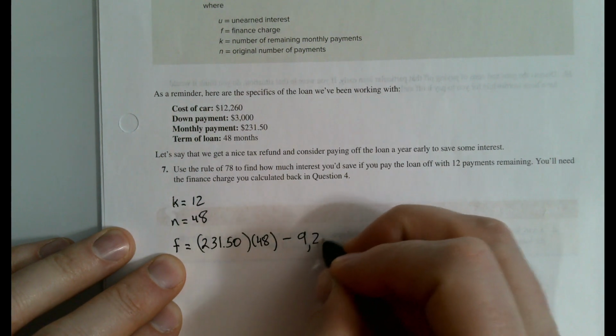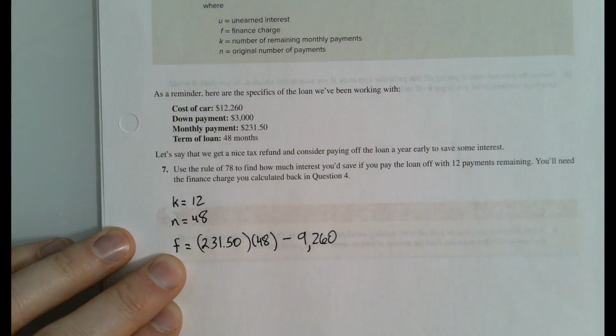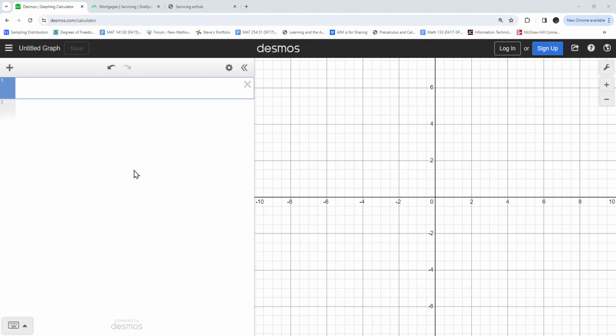That was the 9,260. This is a great place for Desmos to pop in here. So 231.50 times 48. We paid $11,112 to borrow $9,260. So our finance charge is the $1,852. We'll come back here to Desmos in a second.